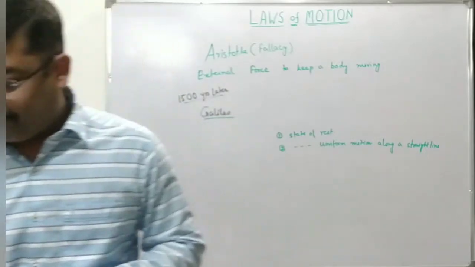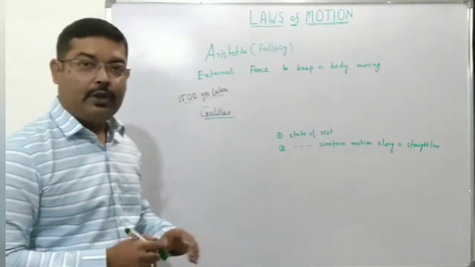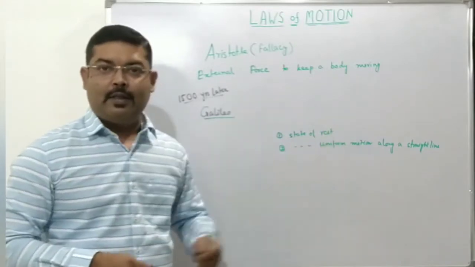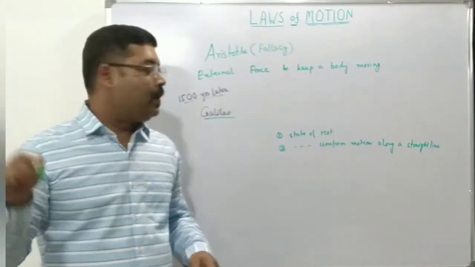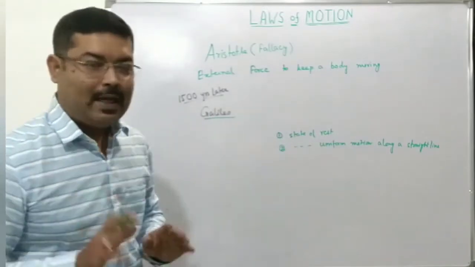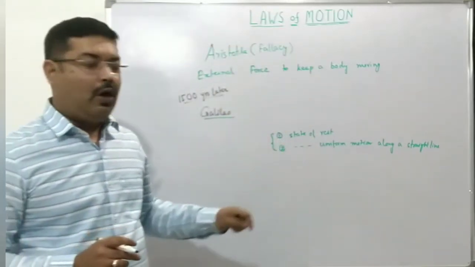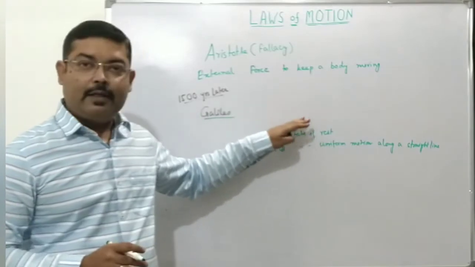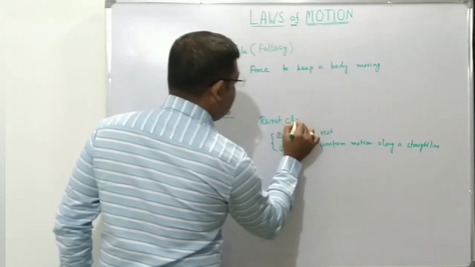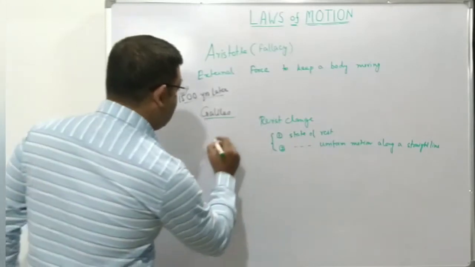This inherent property, by virtue of which an object resists any change to its state of motion, that is any change to its velocity. We have already said that state of rest is defined by velocity v equal to 0, and in uniform motion along a straight line, its velocity v will remain the same, so it will not change. This inherent property of an object to resist any change to its state of rest or its state of uniform motion is known as inertia.